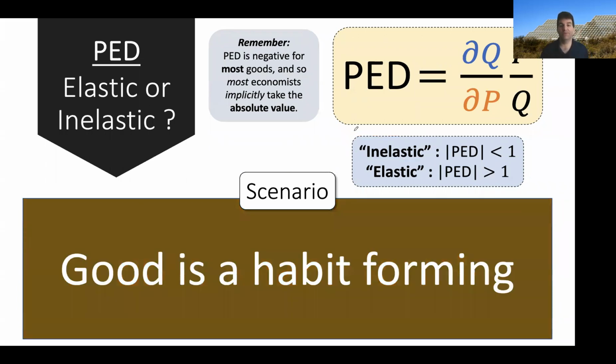All right, and then habit forming. Here's another one. Just to speed things along here, this is one that I'll just go out and say that traditionally things that are habit forming are inelastic.